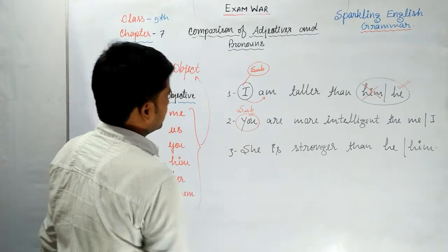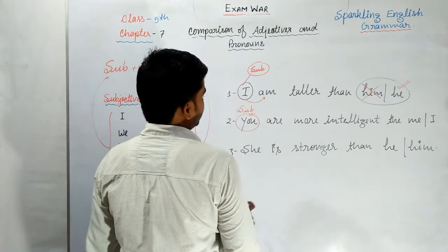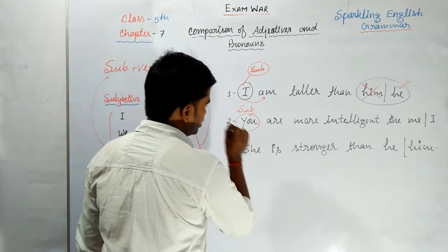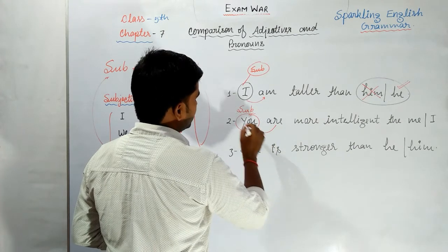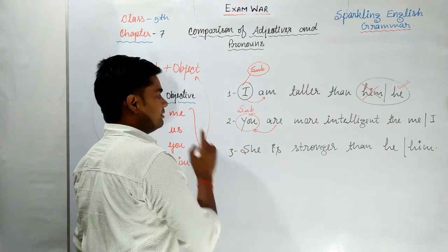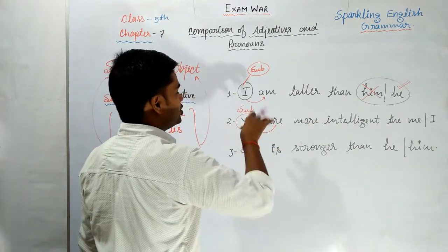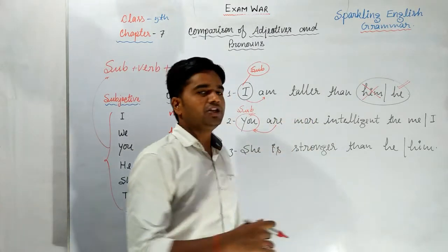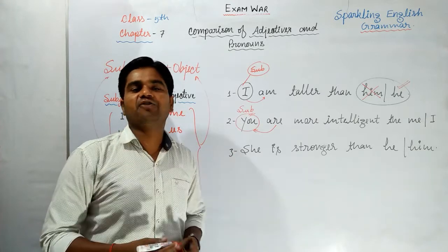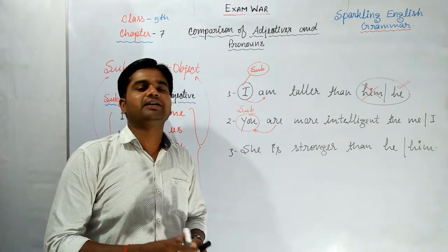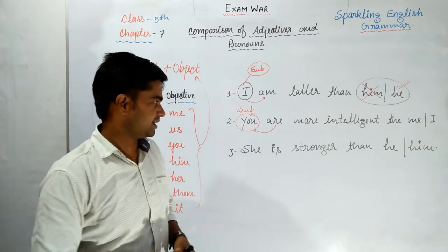So dear students, to clear this confusion, whenever we use you before a verb, you is subjective, and whenever we use you after a verb, then you is objective. We can say in case of you, before a verb it is subjective, after a verb it is objective.